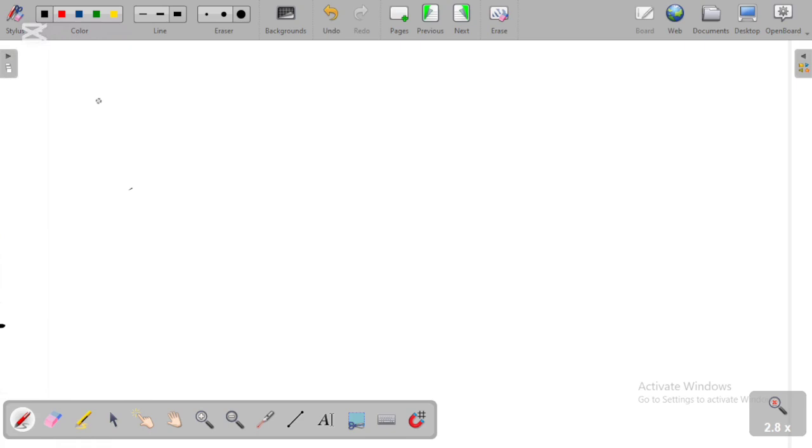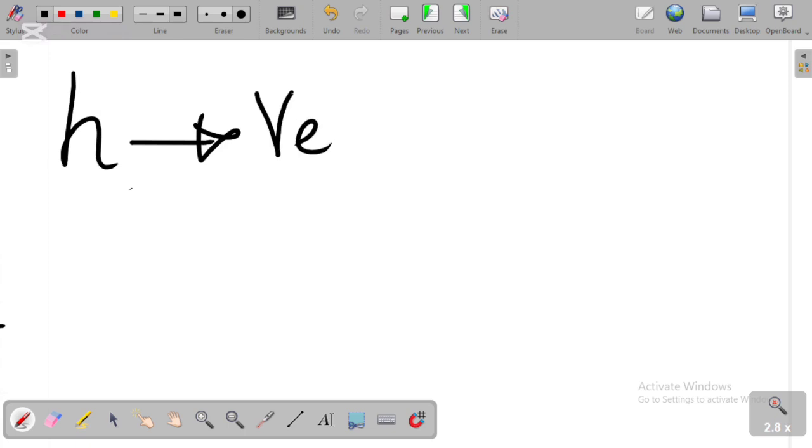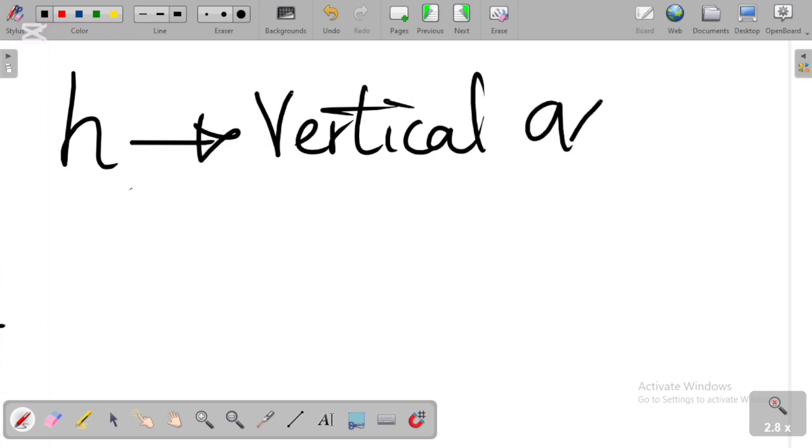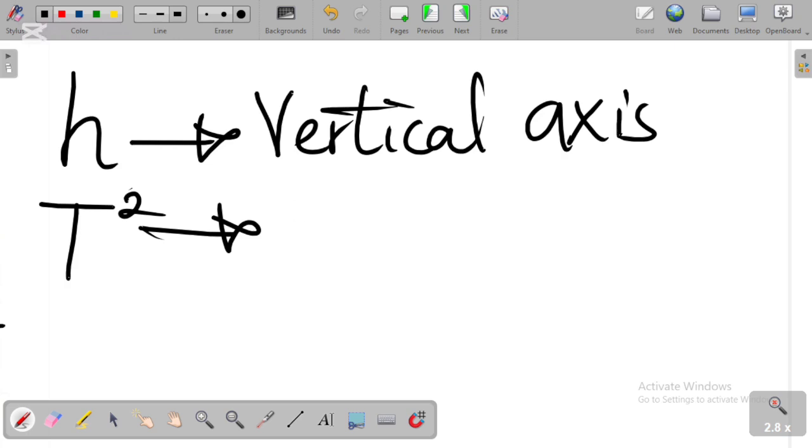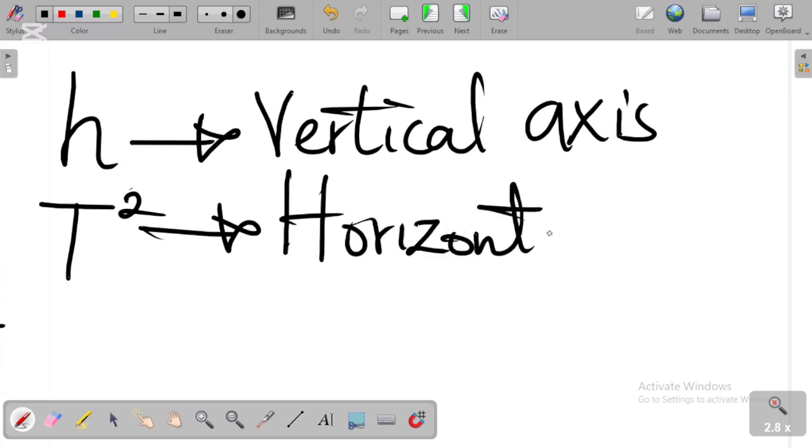Since it is h against t square, h is known as the vertical axis. H becomes the what? Vertical axis. And then t square becomes the what? Horizontal axis. T square becomes the horizontal axis.